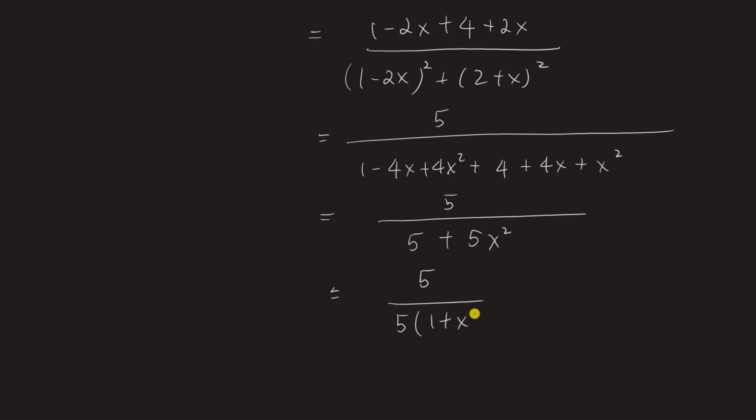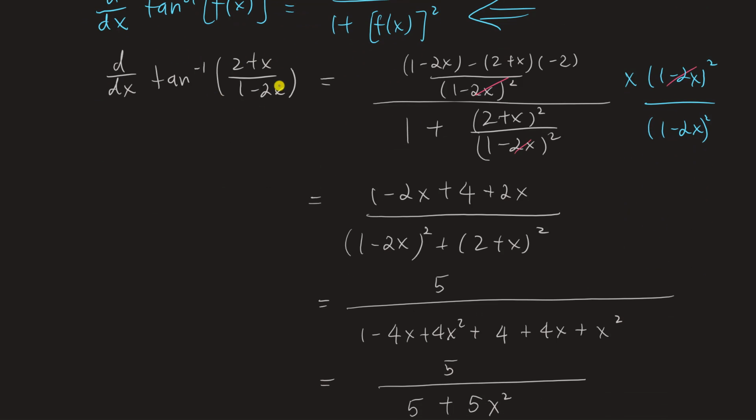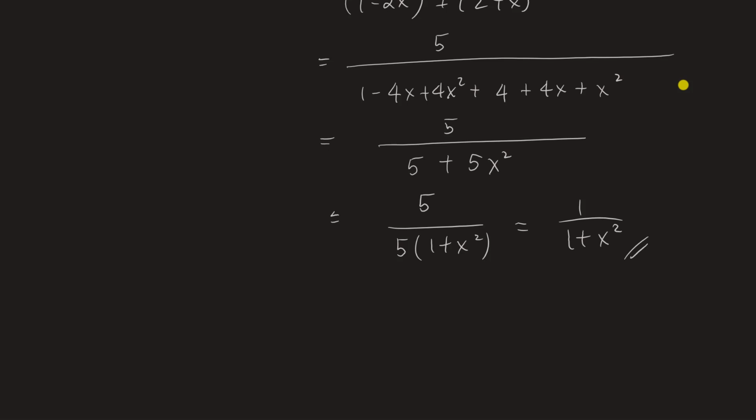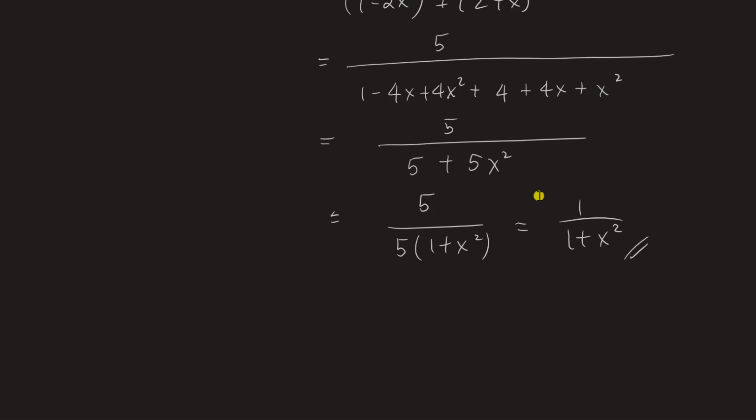I'll get this, right? Which would give us 1 over 1 plus x². Now, such a coincidence that differentiating tan⁻¹ of this actually gives us exactly the same item as differentiating tan⁻¹ x, which is 1 over 1 plus x².